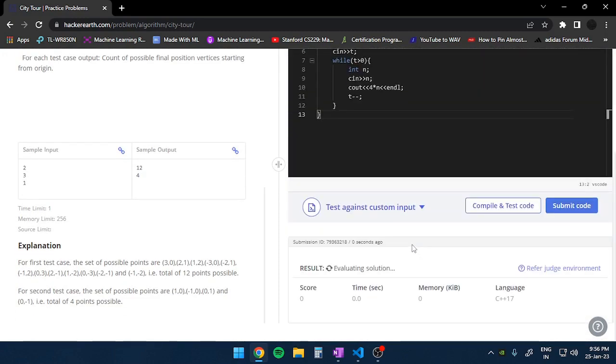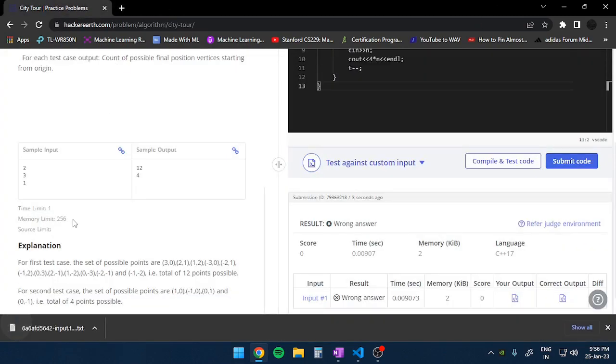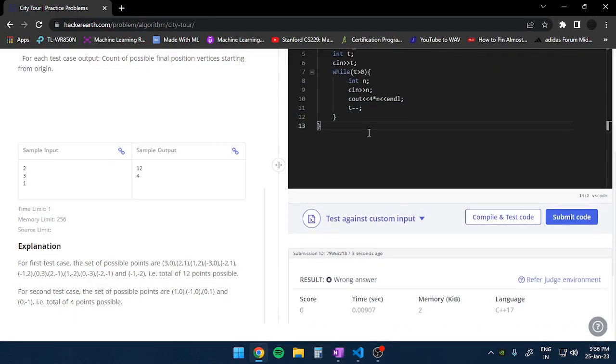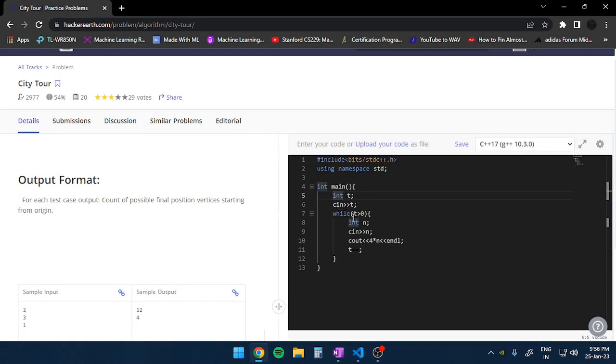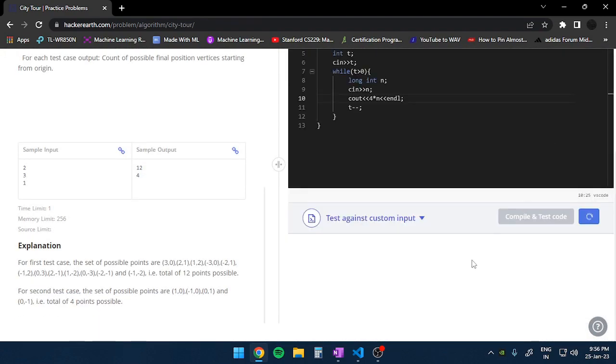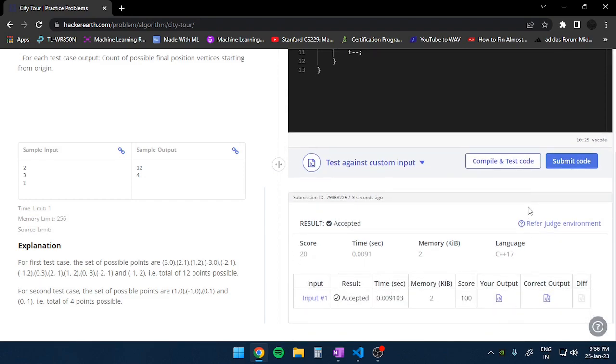Submit the code. What? Input 1. What is input 1? 12 till here. Oh, I guess I haven't used long int, right? Yeah, we have to actually take it in long int, I guess. Yeah, that should do it. Submit code. Yep, accepted. Okay.